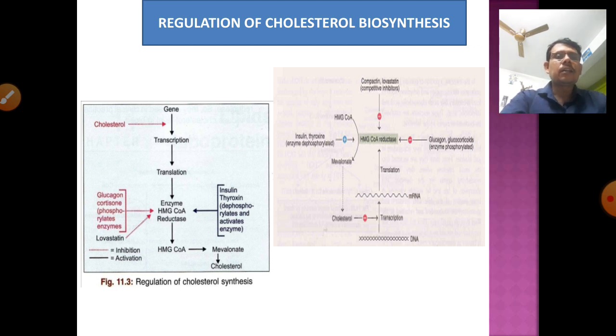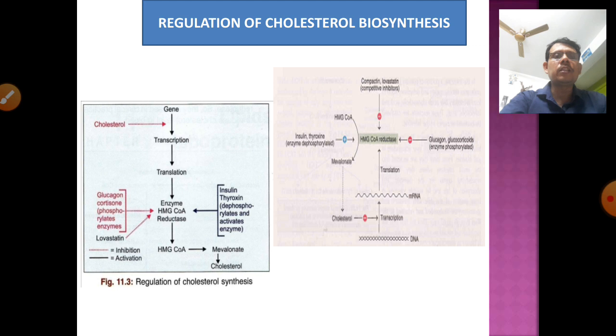First, how is it regulated? HMG CoA reductase is the key enzyme, the key regulator for the synthesis of cholesterol. All enzymes are protein in nature, and every protein which is synthesized is under the control of genes.